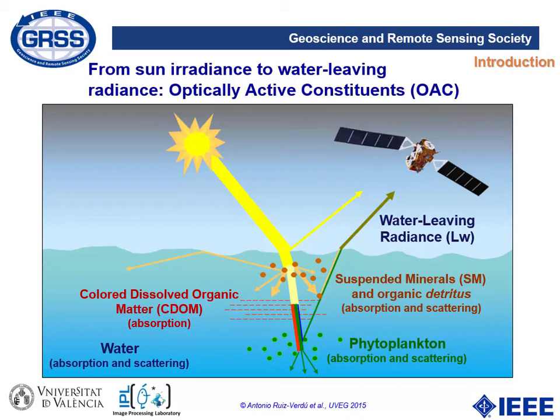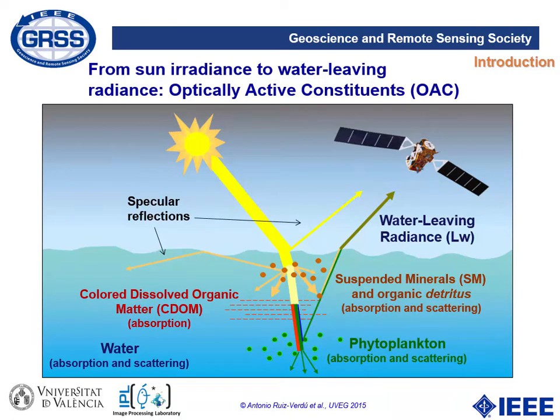The water leaving radiance has information on the processes of absorption and scatter that have occurred within the water body. And through the water leaving radiance, we can decipher and know what kind of substances were in the water body that we are observing.